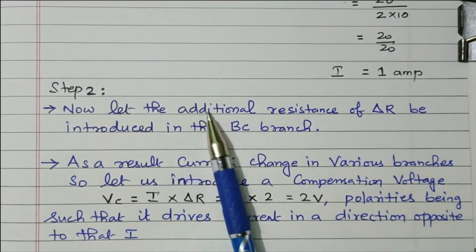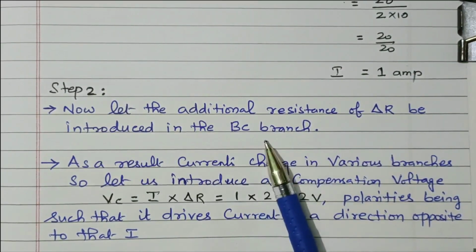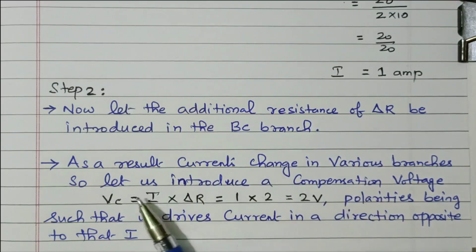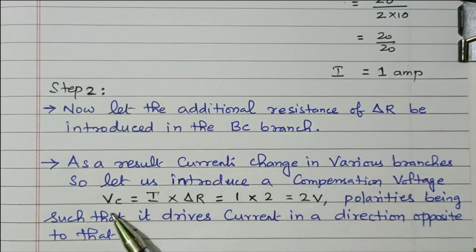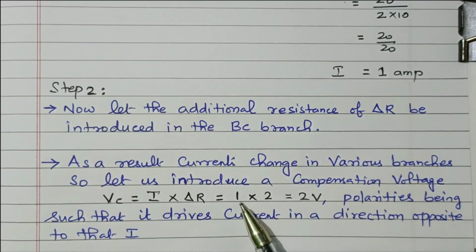Step 2. Now let the additional resistor DR be introduced in the branch BC. As a result, the current changes in the various branches. So let us introduce a compensation voltage Vc, that is I into DR, equal to 1 into 2.